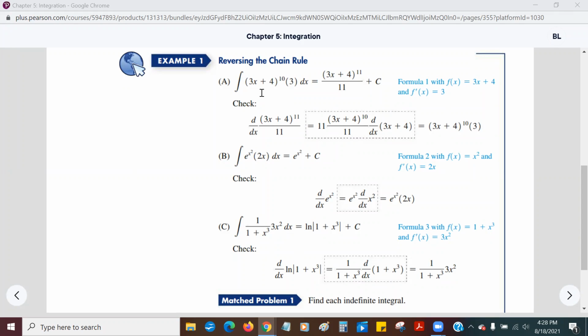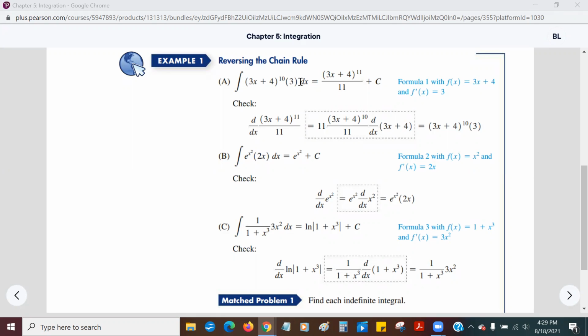But that would be a huge, messy thing, like foiling it 10 times, a gigantic polynomial. I could do that and integrate each term individually. But an easier way is to say this is a function raised to the 10th power, and the 3 here is the derivative of the inner part.